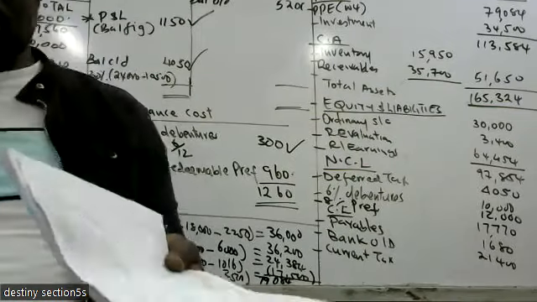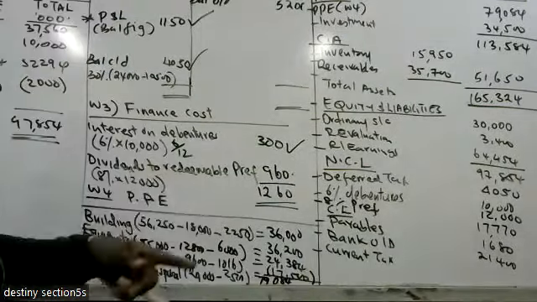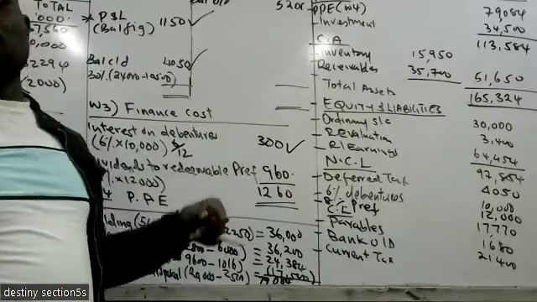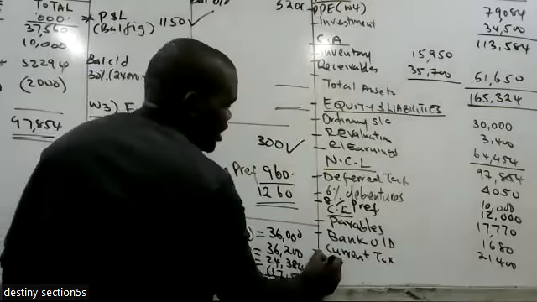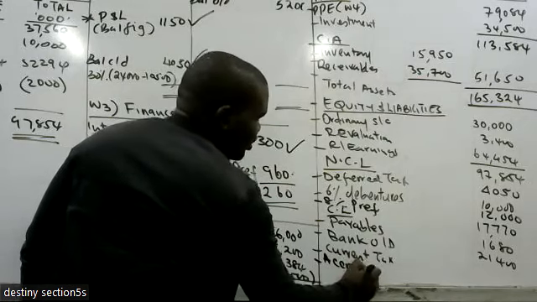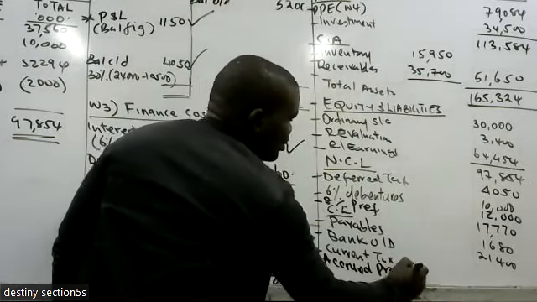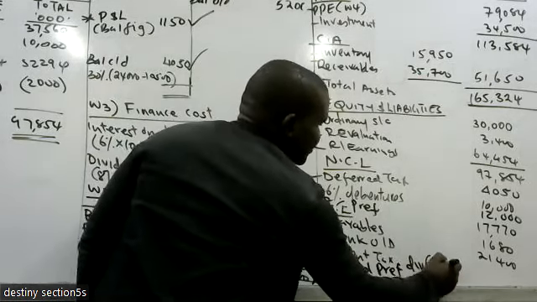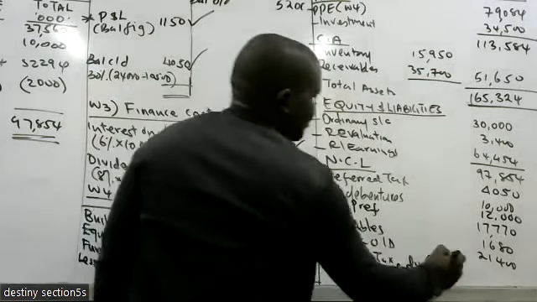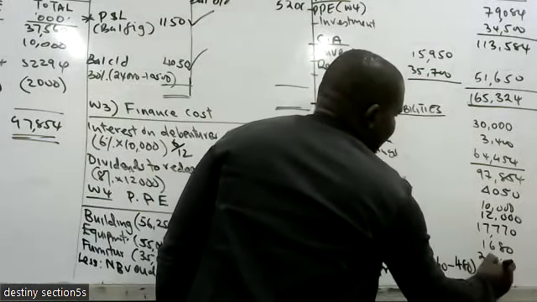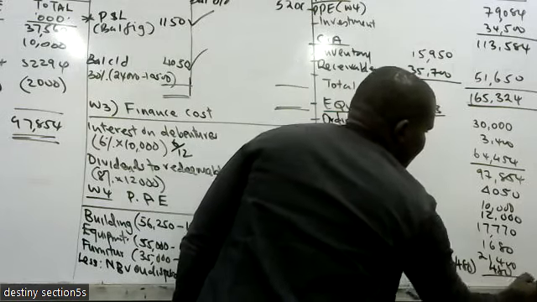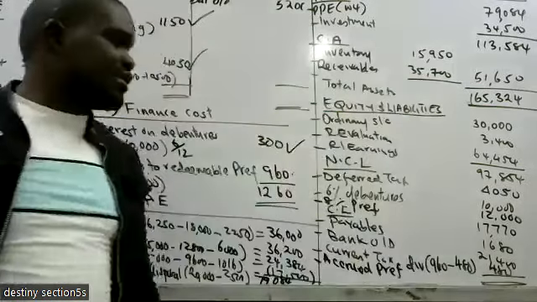You are seeing 480. So they paid 480 instead of 960. So there is an accrued part. So you come here and say accrued preference dividends, 960 minus 480. That one comes to 480. So it is balancing.